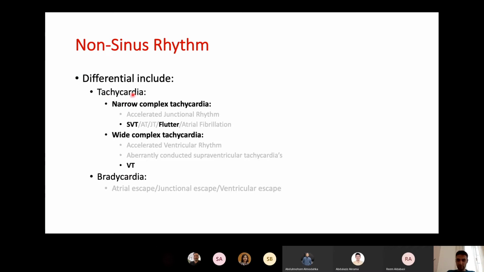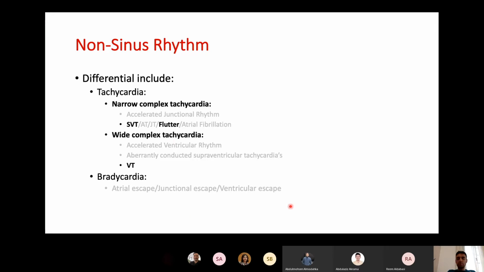If you are fast, do we have narrow complex tachycardia or wide complex tachycardia? Is the QRS narrow, normal-looking, or wide, abnormal-looking? And then accordingly, you have a differential diagnosis. Same thing for bradycardia. If you are in non-sinus rhythm and you're bradycardic, you have a differential diagnosis.